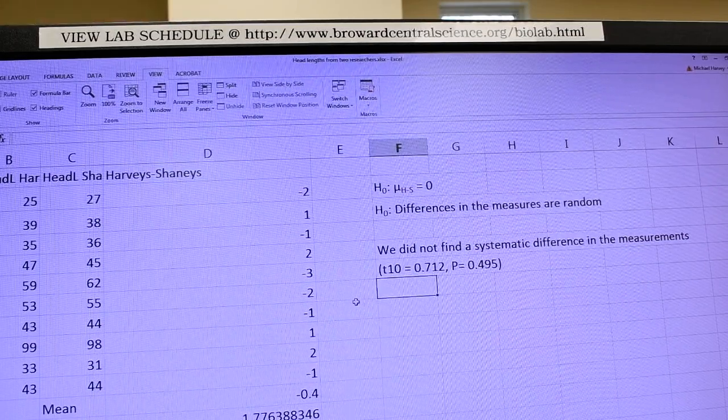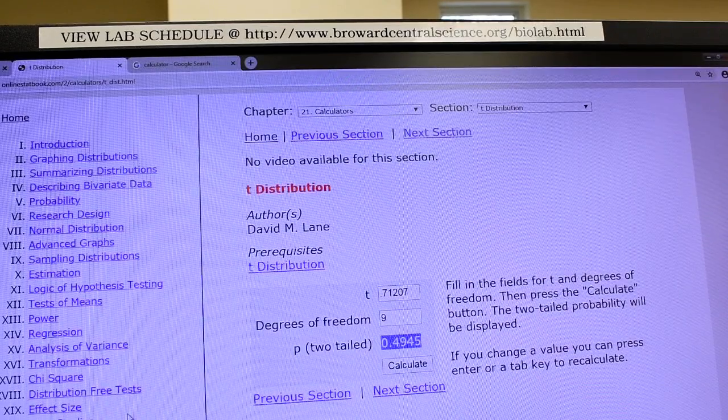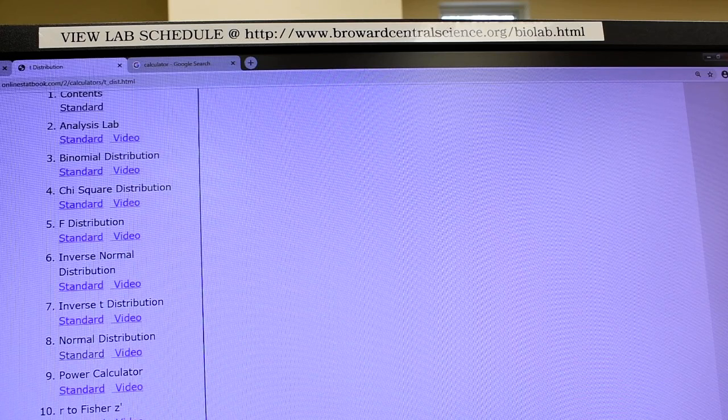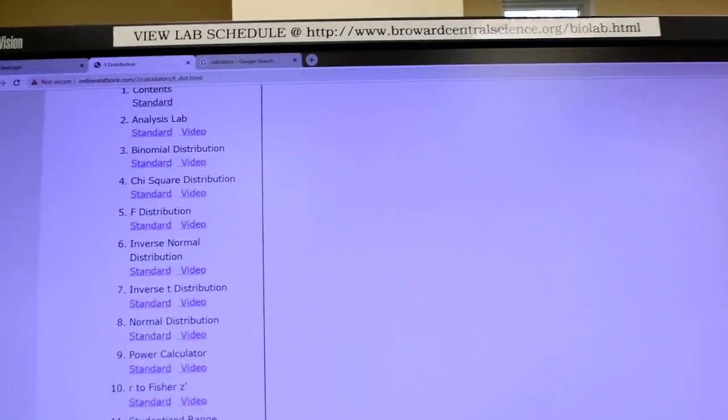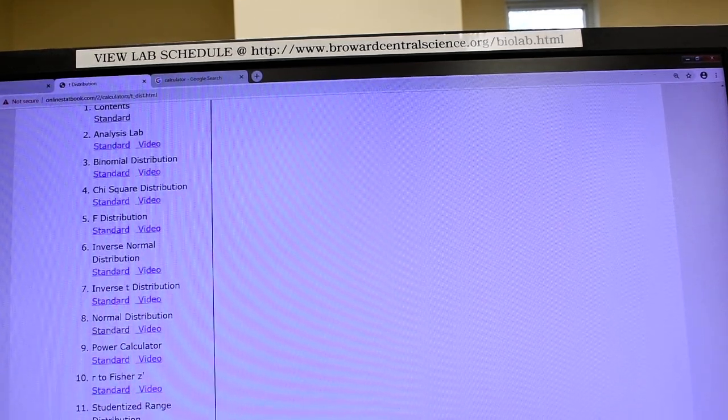I will open this, so we'll close the other example we were doing here. All right. So this is a different calculator. This is number 11 down here. It's called the studentized range distribution. Let me be sure you guys can see this thing okay. I think that looks all right.